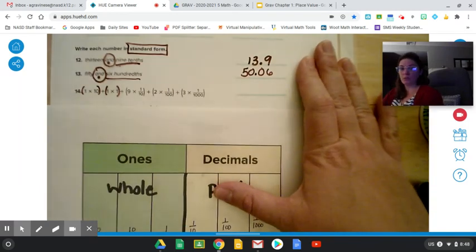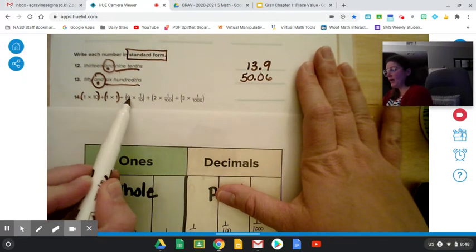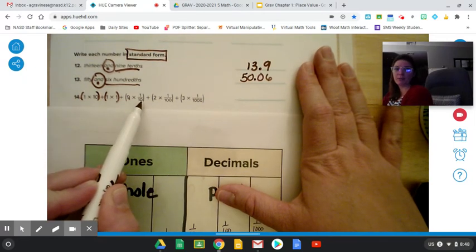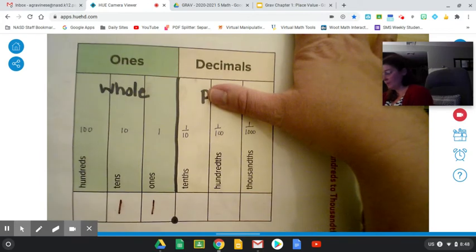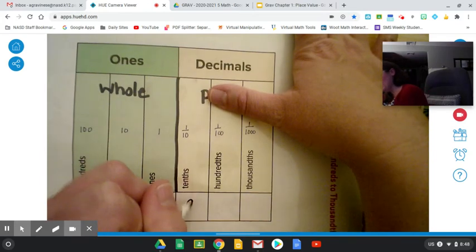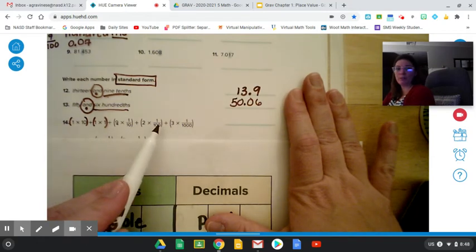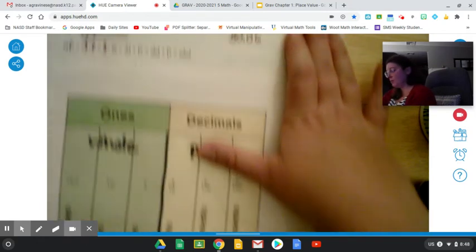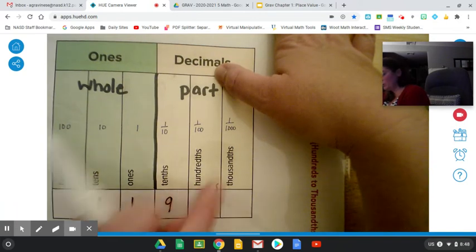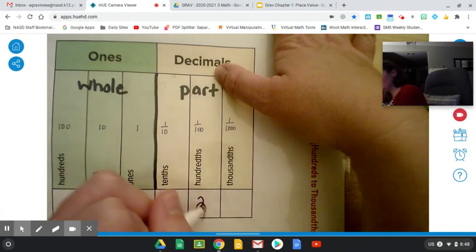Now let's look at the decimal values. 9 is in my tenths place. Here's the tenths. I'm going to write a 9. 2 is in my hundredths place. Here's my hundredths. I need a 2.